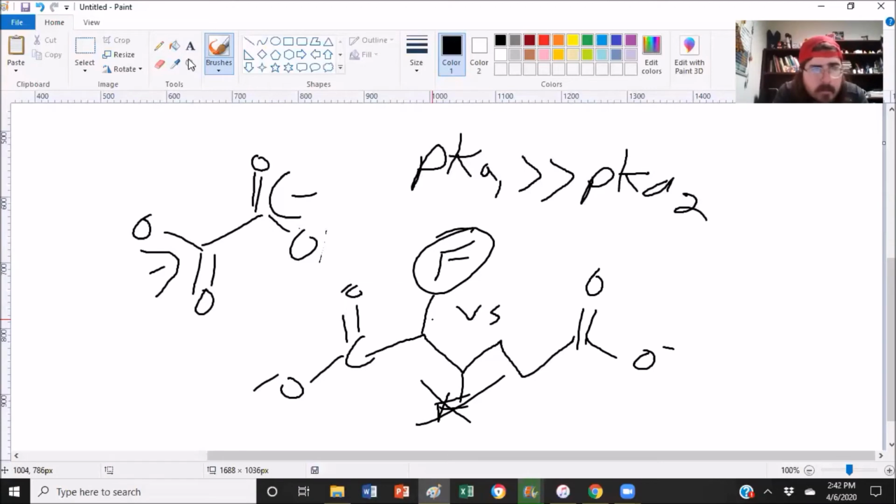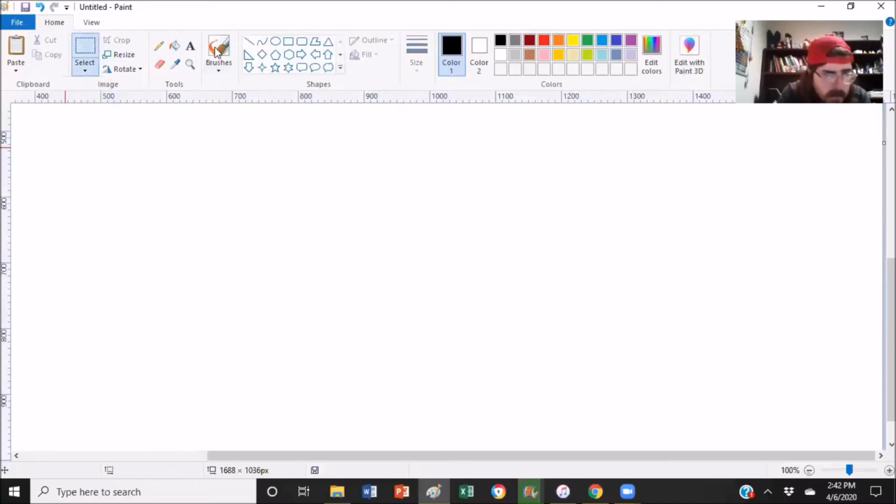When we have benzoic acids, our phenyl acids, ortho and para directors like methoxy will decrease acidity. Meta directors like nitro will increase acidity, because remember, what are they doing? Electron withdrawing versus electron donating.